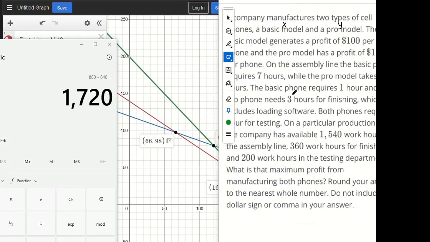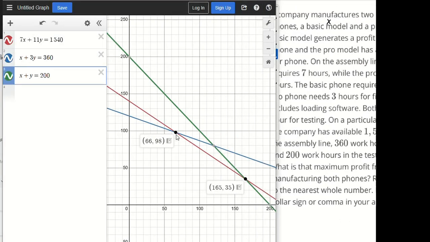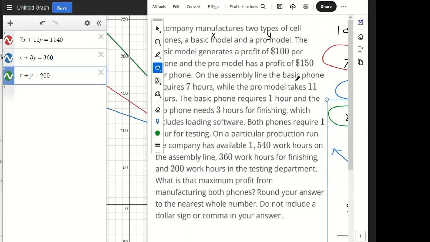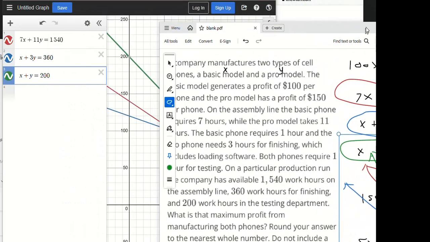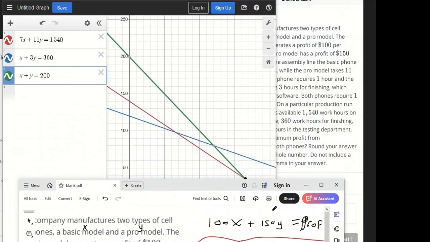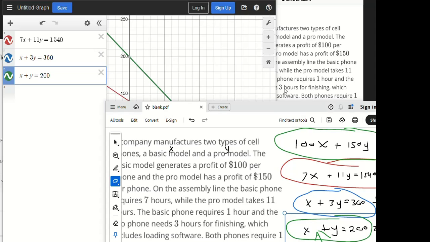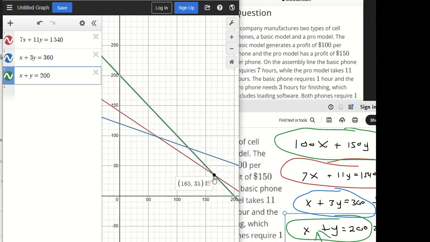So we can even just forget about this vertex. We want to consider this vertex or this vertex. Which one is going to maximize our profit? Once you've identified the vertices, then you go back to the expression you're trying to maximize. Plug them in and see which one makes the biggest value for profit.